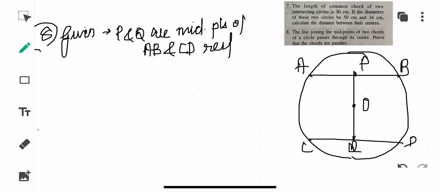Okay, so this is what you are getting. Next, we will be writing to prove. So what do you need to prove? That AB is parallel to CD. Okay.